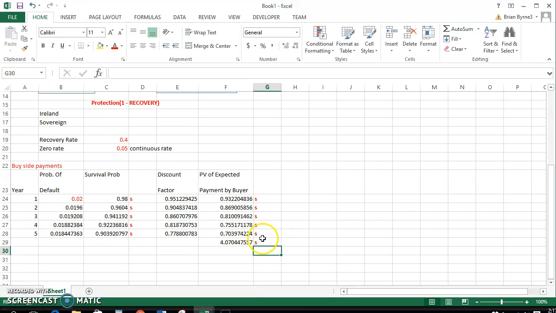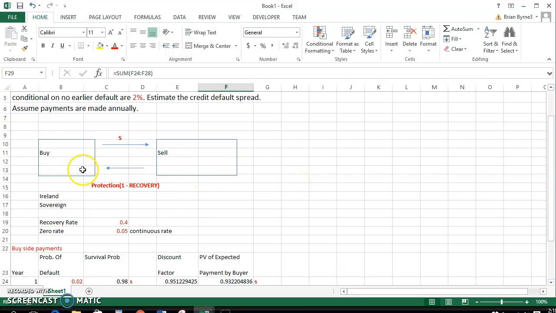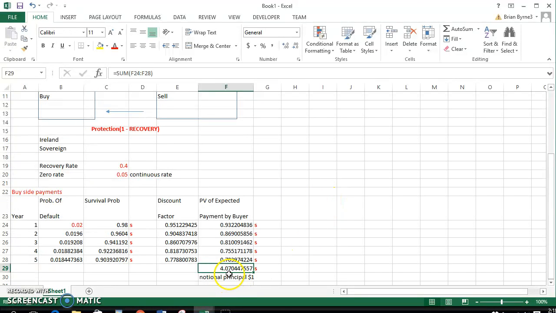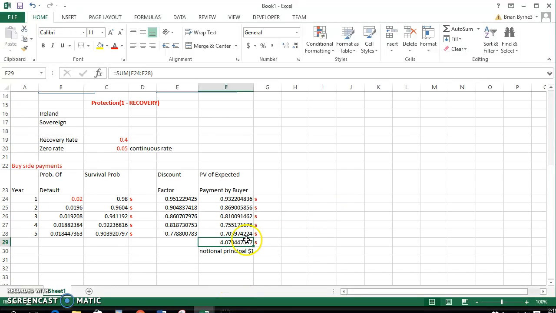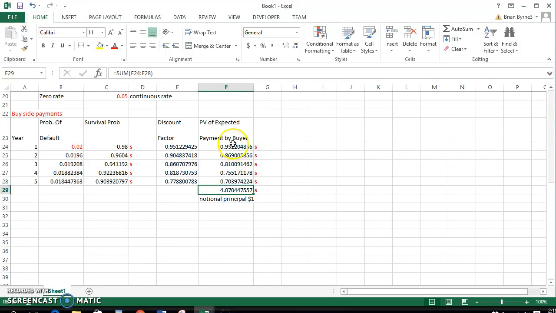So we could imagine here that if the notional principal of the reference asset was $1, let's go $1 for the moment, then the value that the buyer pays is 4.07S, where in the event of the full period 5S is paid.